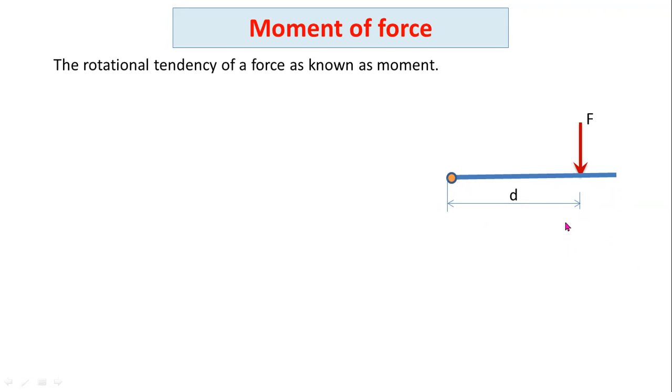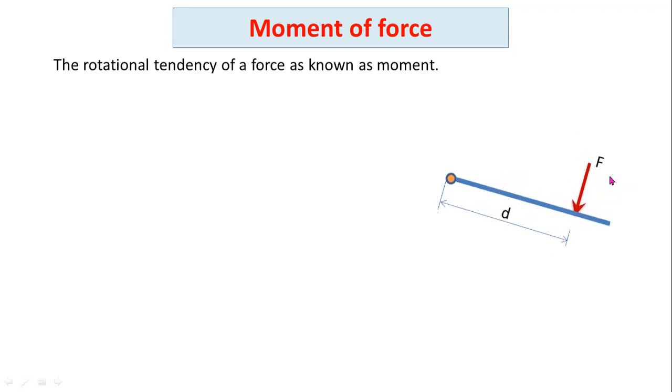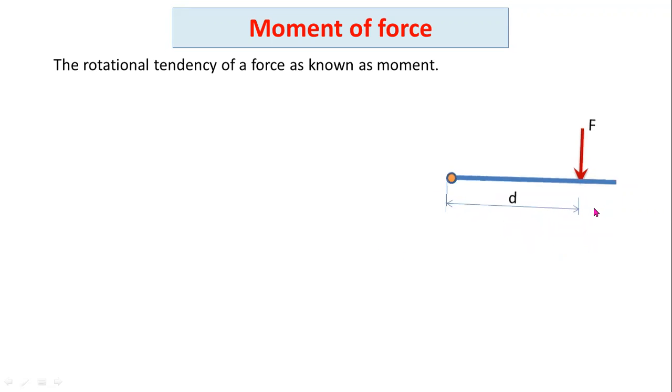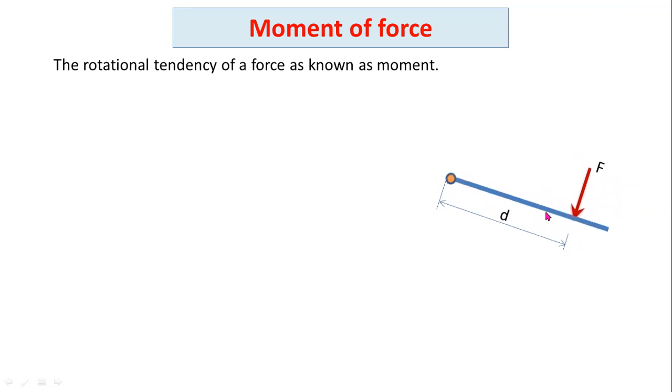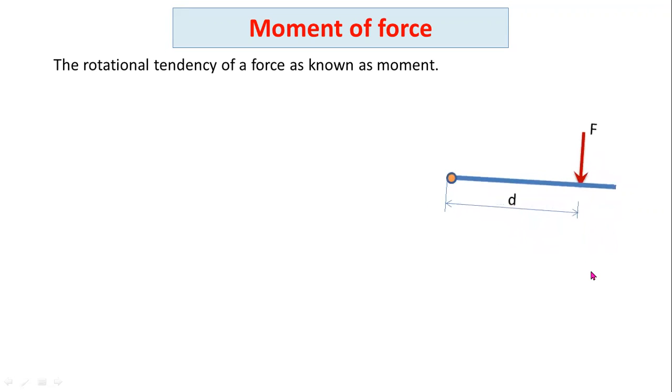So always you have to consider the perpendicular distance between the force and the turning point. By acting this force it can turn clockwise or anti-clockwise, depending upon the direction of the load. Here the load is acting downward, that's why it rotates in clockwise direction.